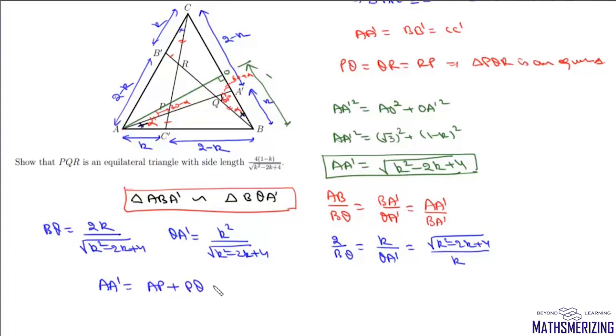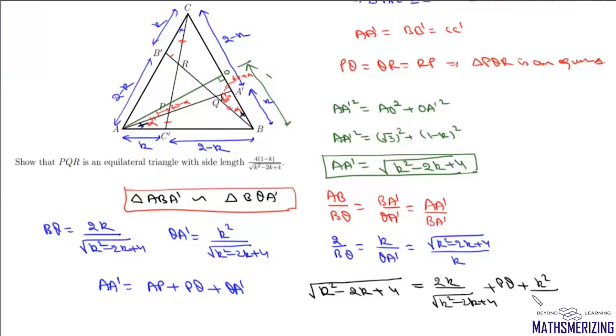So now we can write this AA' as AP plus PQ plus QA'. So AA' is simply under root of k square minus 2k plus 4, and this is equal to AP. Now this AP is the same as BQ because we have already proved that these three triangles are congruent. BQ in this case is 2k upon under root of k square minus 2k plus 4, plus PQ, plus QA' which is k square upon under root of k square minus 2k plus 4.